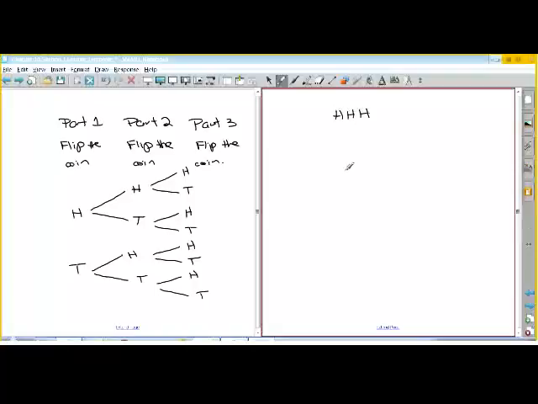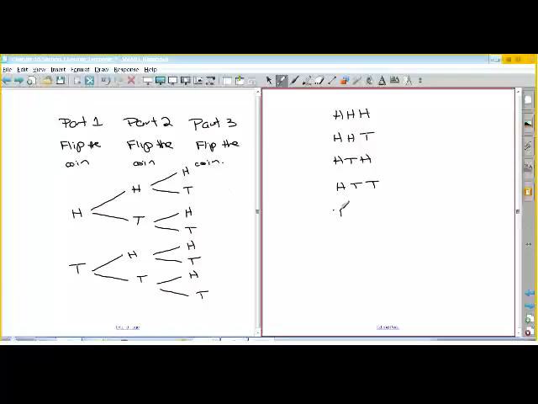So here's one possible arrangement: heads, heads, heads. And then the next one, I would continue along this branch, but when I got here, I'd go down instead of going up, so I'd have heads, heads, tails. Then I've already used all of these, so I go now to the next branch further down, so I have heads, tails, heads, and then heads, tails, tails.